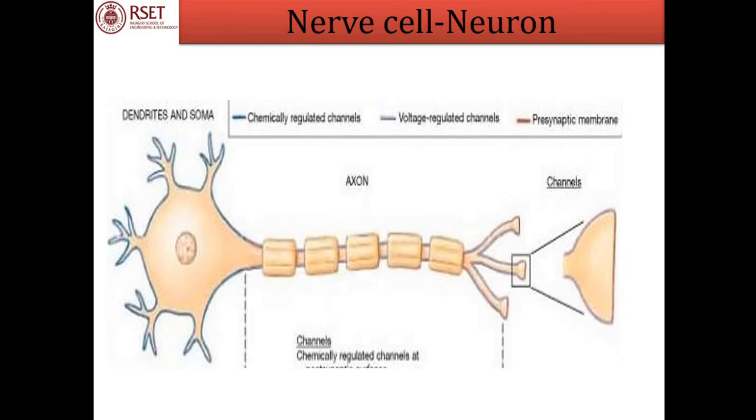Electrical signals are made to move from the brain to the different parts and vice versa. Depending upon the application, the size of the nerve cell can be as small as a millimeter to as long as a meter. So you may find hundreds and thousands of neurons in a human body.